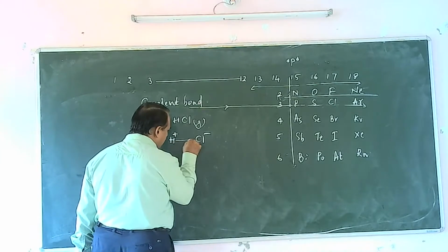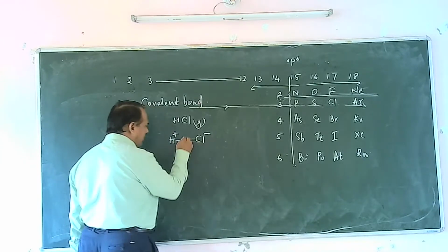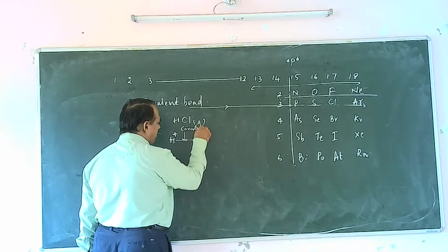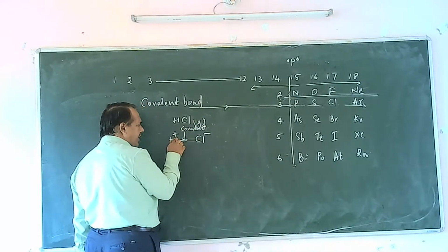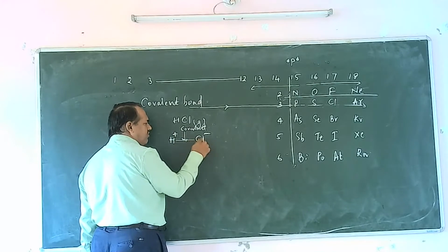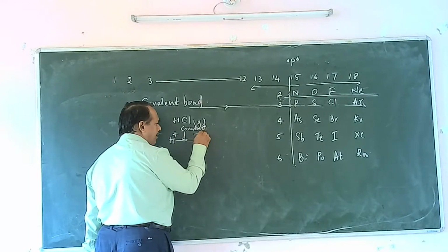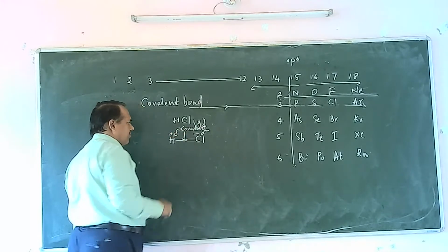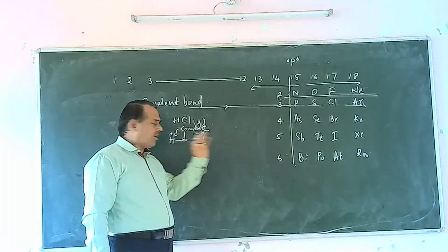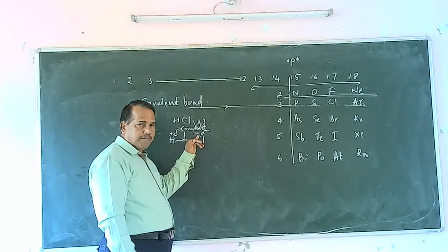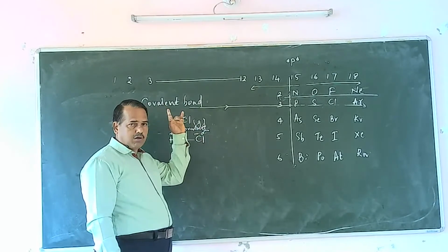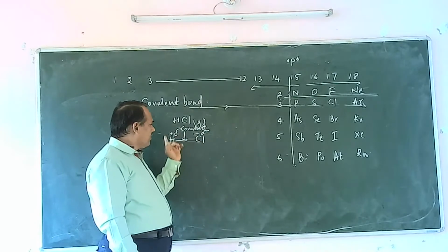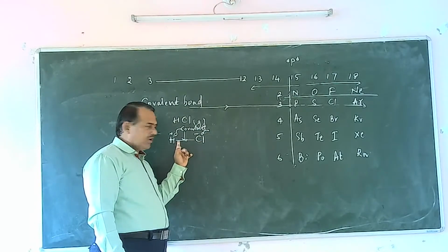There is an electron cloud here that is shared, and this is nothing but a covalent bond. The electron cloud is towards the chlorine atom, therefore it attains partial negative charge, and this attains partial positive charge. See, here it is not a charge directly plus or minus, like ionic. What is ionic? Transfer of electron, and here sharing of electron takes place.